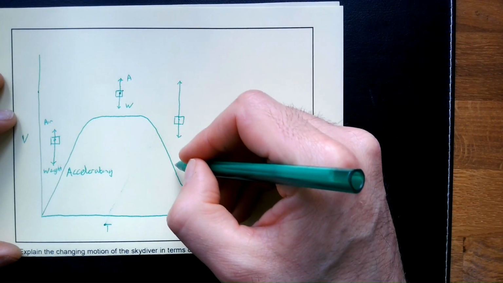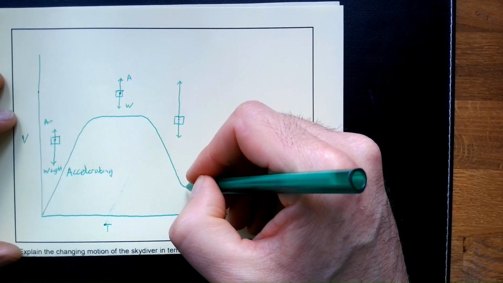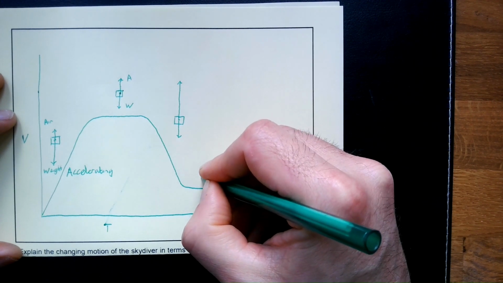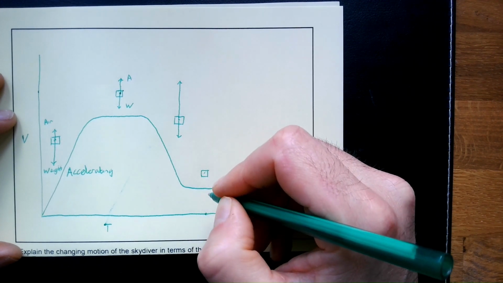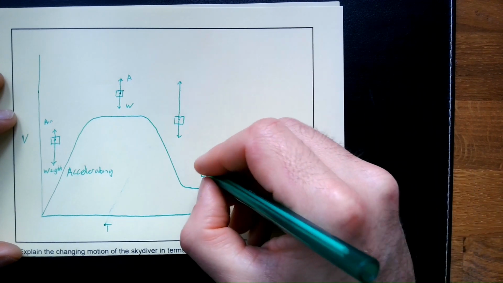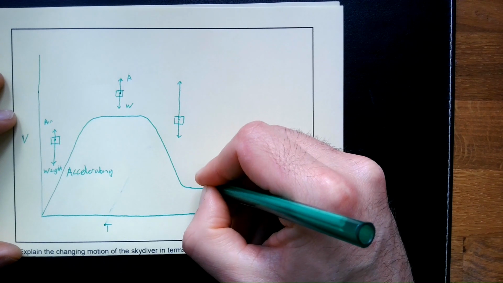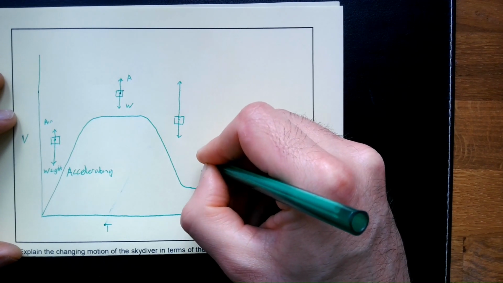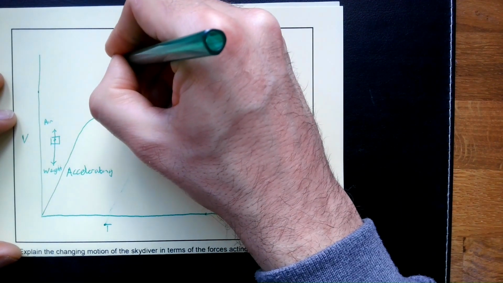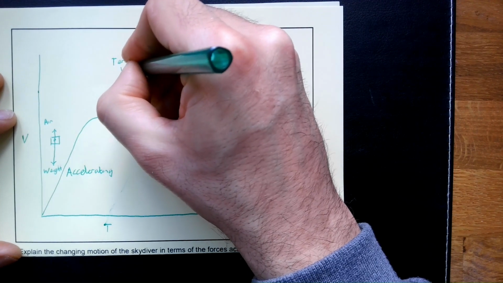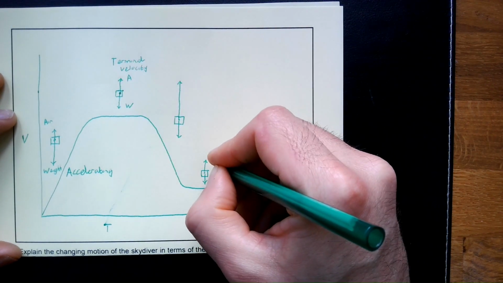Eventually the speed decreases, until we get to a point where air resistance isn't as great, because they're not having to push as much air out of the way as quickly, because the speed has decreased. So at this point, we've got the arrows the same again. We call these points terminal velocity. This is a faster terminal velocity up here, and it's a slower terminal velocity here.